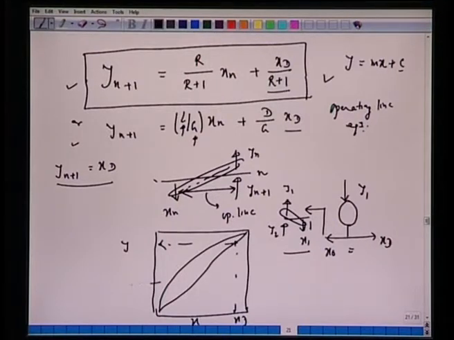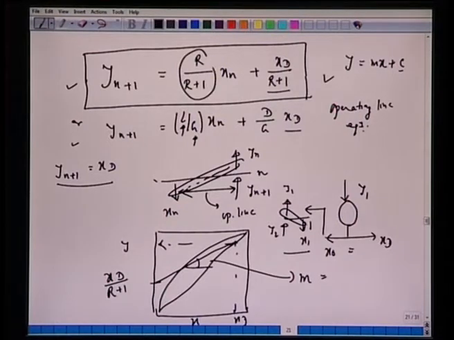If you take the intercept at x_d over r plus 1 and connect with this, you should be able to convince yourself that the slope m is the same as r over r plus 1. In other words, you can take an intercept, you can take a slope here. When it intersects the 45-degree line, the coordinates will be the same as x_d.